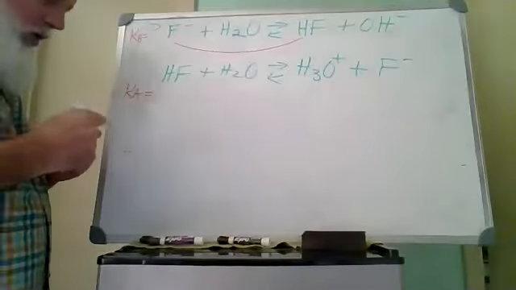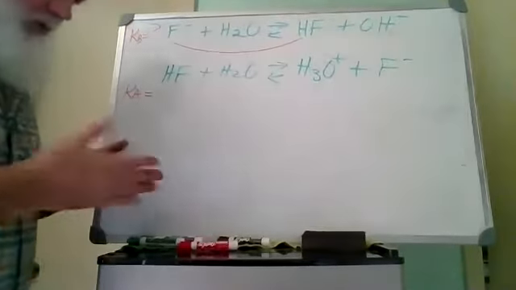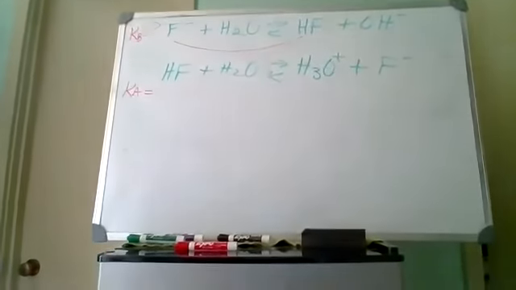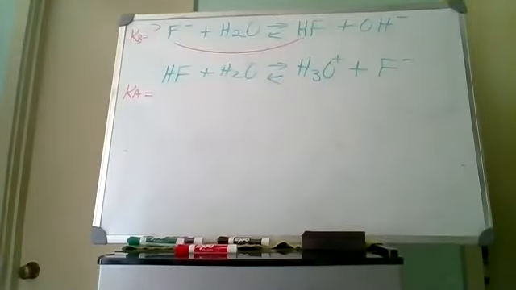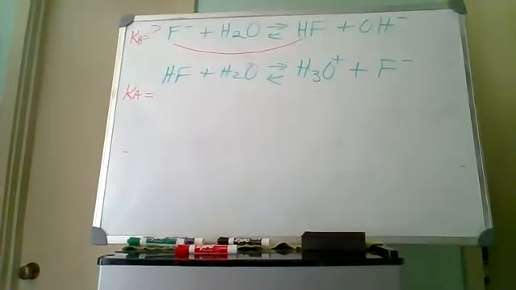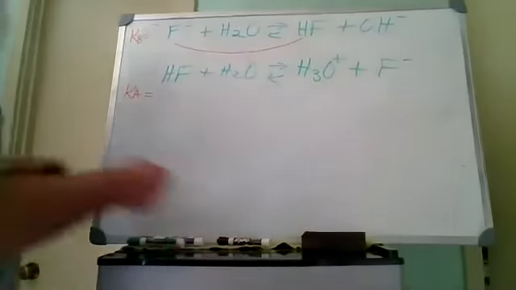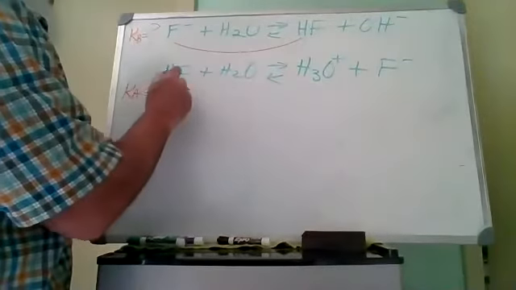So we go back to our tabulated set of Kas for weak acids, which is on page 547. And we see for hydrofluoric acid, this is 6.8 times 10 to the negative fourth.